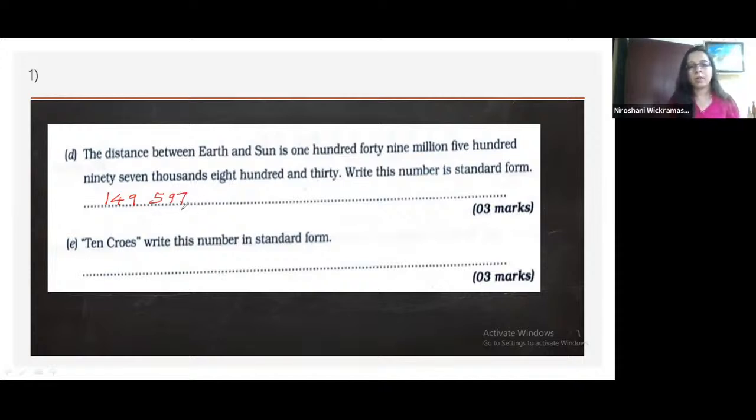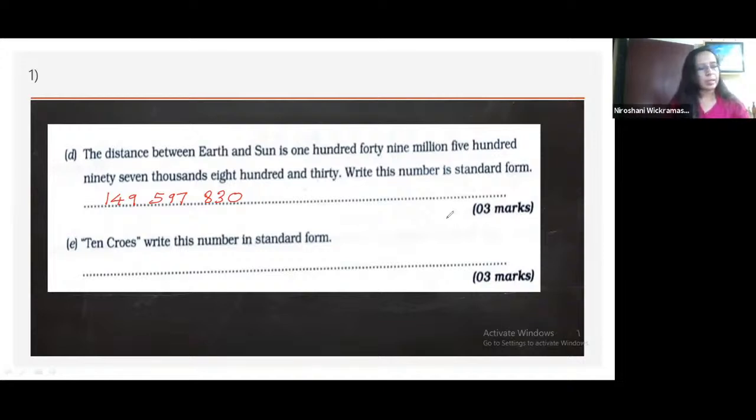Thousands on 597. Hundreds on 830. So you have to write the number like this, 830, right? Then finish it. Yes, for these 3 marks.